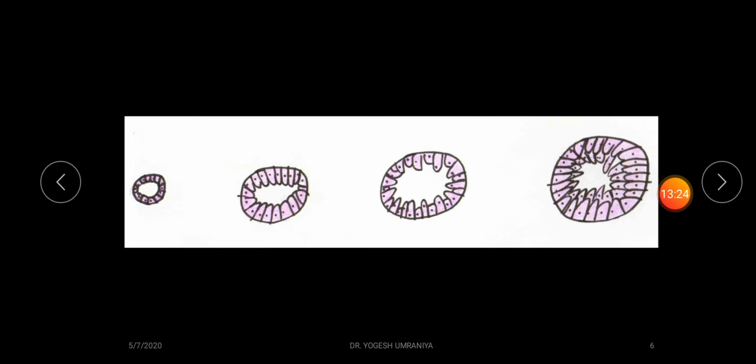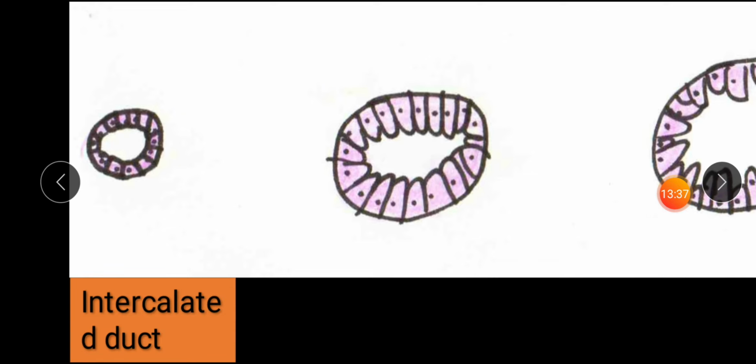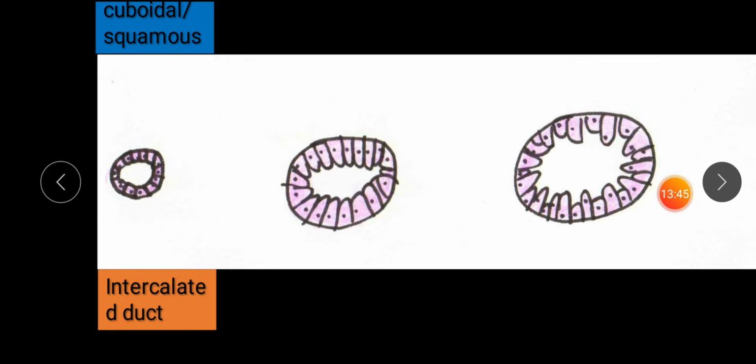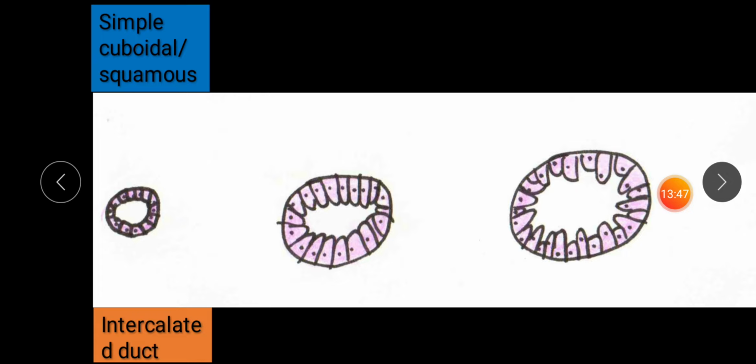Next, you have the sections of the four ducts present within the salivary gland. The first duct is the intercalated duct, and the epithelium of this duct is lined by simple cuboidal or squamous cells.